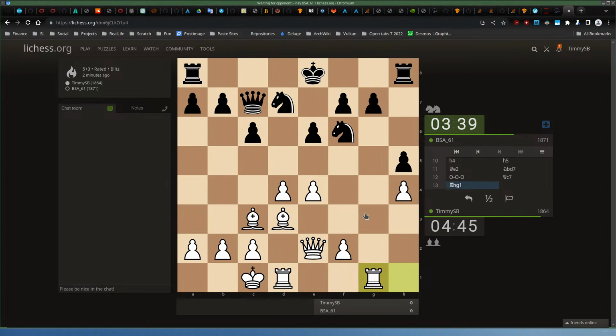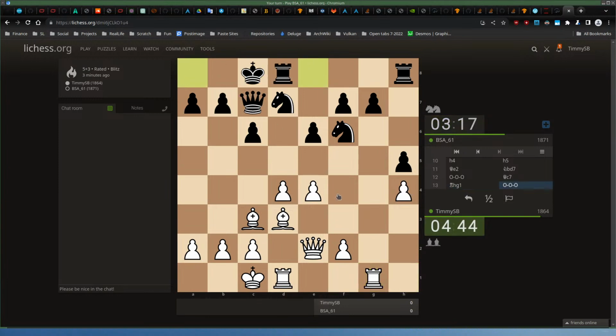So why not? What is he going to do about it? He's going to move the pawn. Could attack the knight. Knight goes there. Nothing. Absolutely nothing.